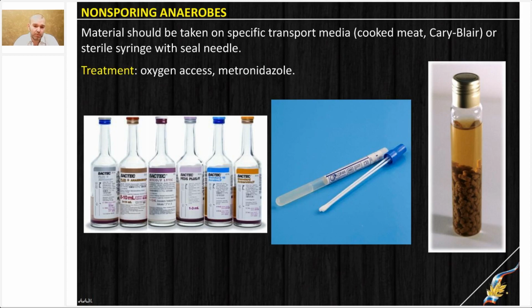The wound should be opened and provided with oxygen access. And for antibiotics, usually it is metronidazole, which covers the whole spectrum of anaerobic bacteria and is widely used in any hospital in routine practice. So that's all for obligate anaerobic bacteria.